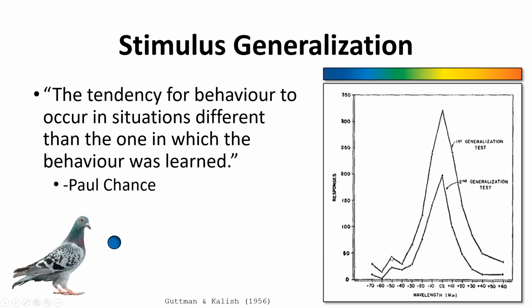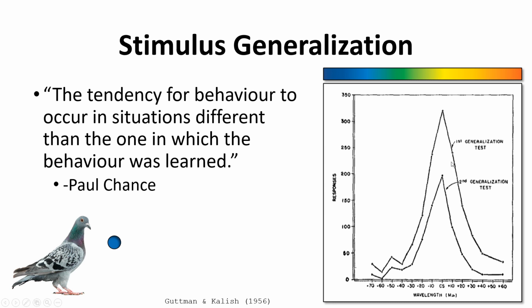If we go back to our pigeons here, their first generalization test was a lot higher, a lot peakier, so that would be a little bit more generalized. The second one is a little bit shorter, and it's not necessarily any wider, but it's at least shorter, so this would be more discriminative.